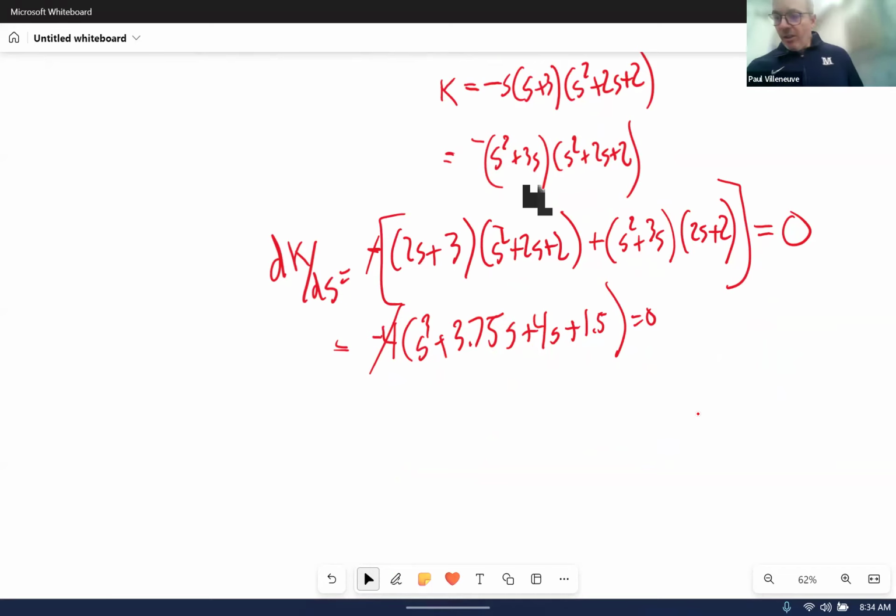So my roots, 3.75 times, oh yes, S squared. Yep. So now my roots are minus 2.3 and negative 0.725 plus or minus.